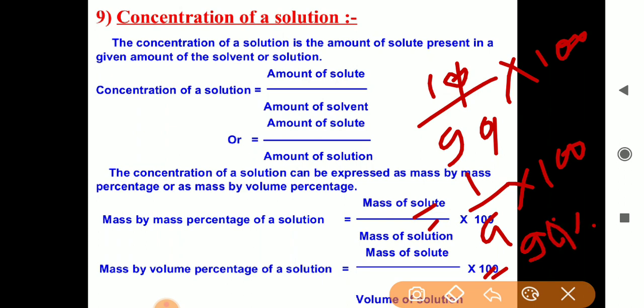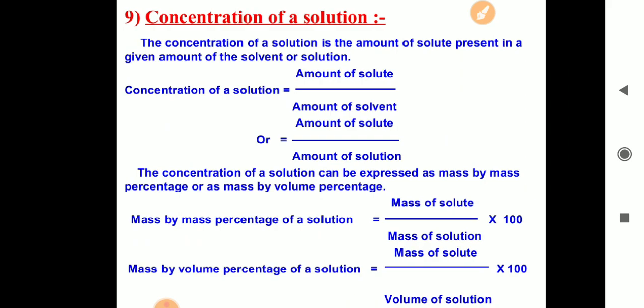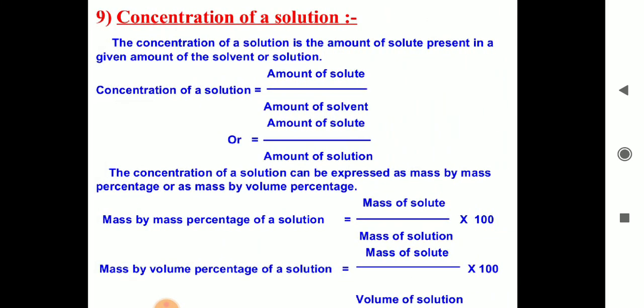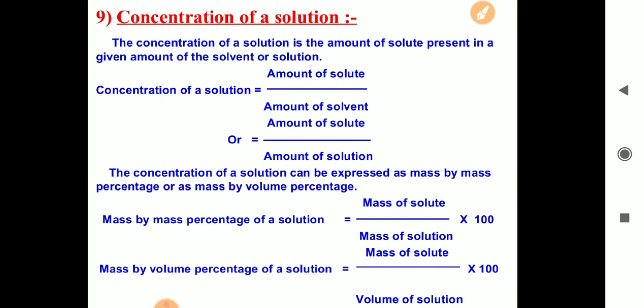Okay, 90%. This way we can find out the mass by mass percentage of any solution, and similarly the mass by volume percentage of a solution also. Now in the exercise we'll discuss problems based on these two formulas.